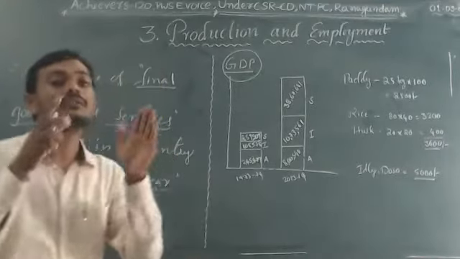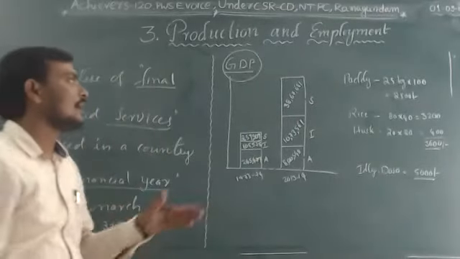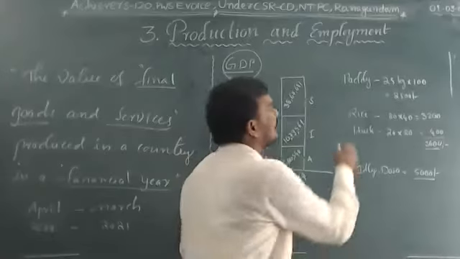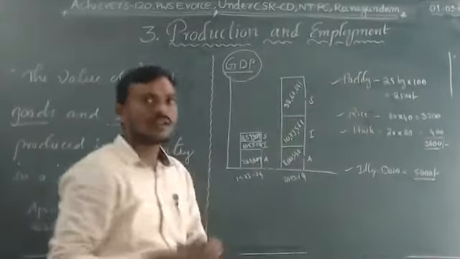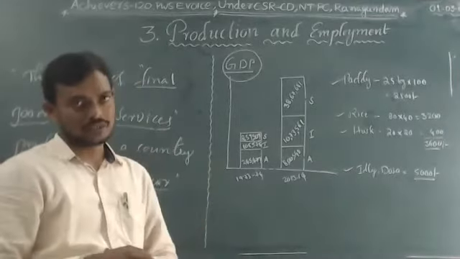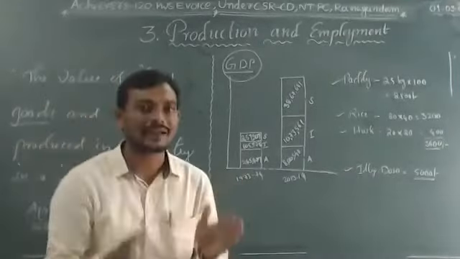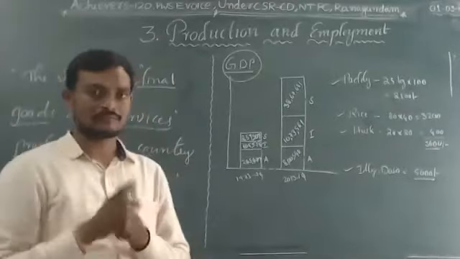Clear? So in order to understand what is GDP, we will discuss a beautiful example that is in the textbook about paddy, rice, husk and wheat. First of all, a farmer produced paddy, isn't it? A farmer produced paddy and sells it to the rice miller.